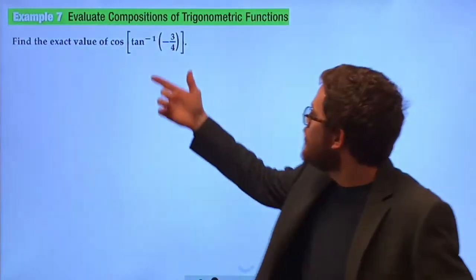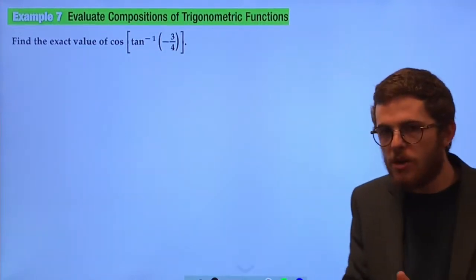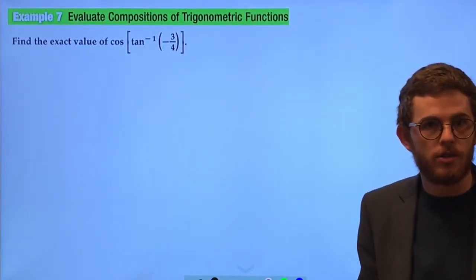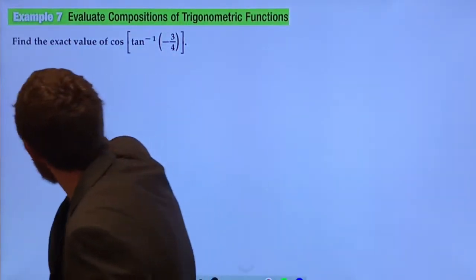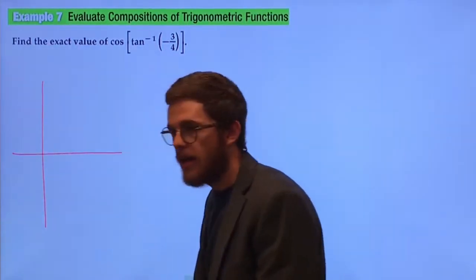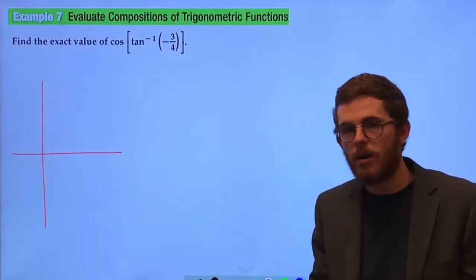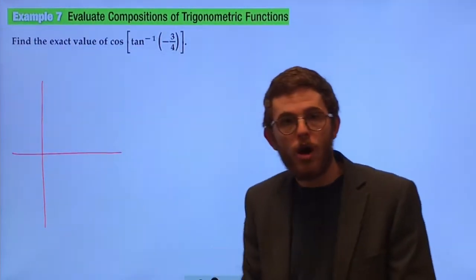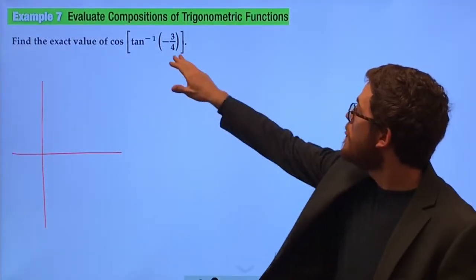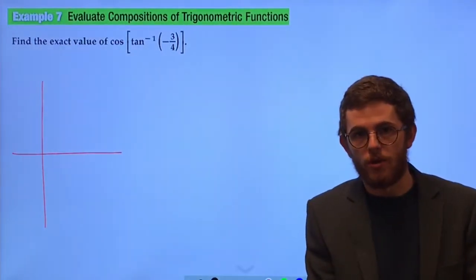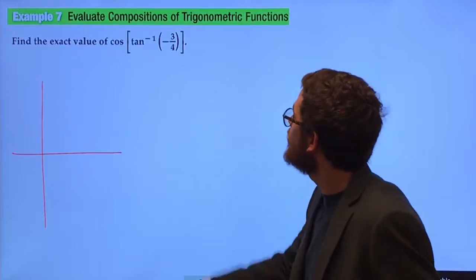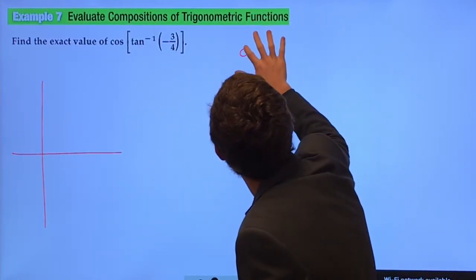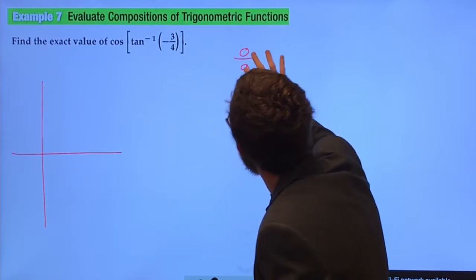So if we're dealing with the inverse tangent, we know we have to work with the restricted domain of our tangent function, right? So our restricted domain for tangent is -π/2 to π/2. That means we are looking in the first or fourth quadrant for this -3/4. Well, remember tangent, once again, tangent is the opposite over the adjacent.